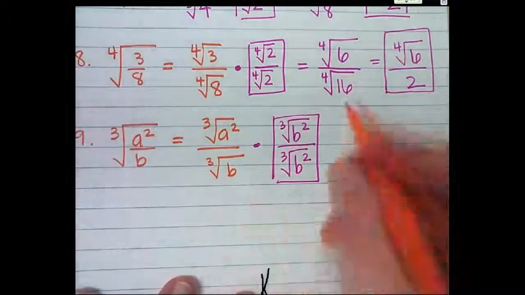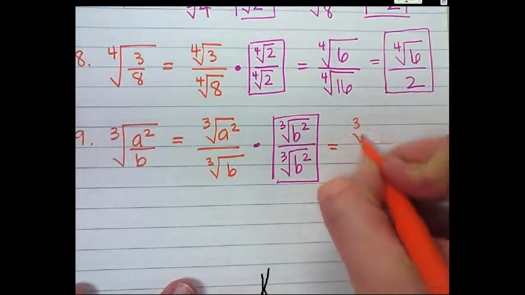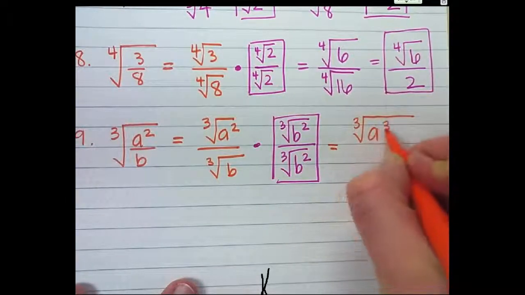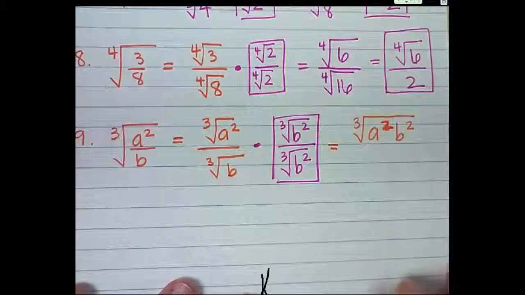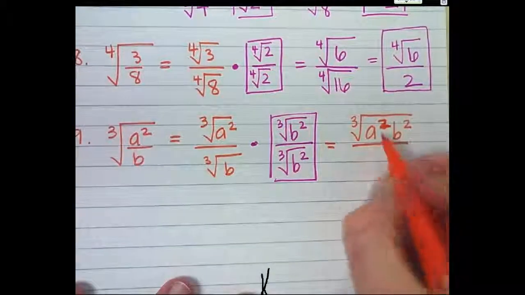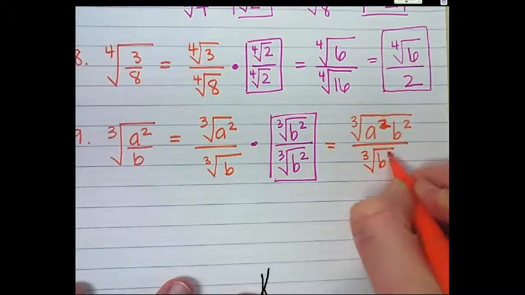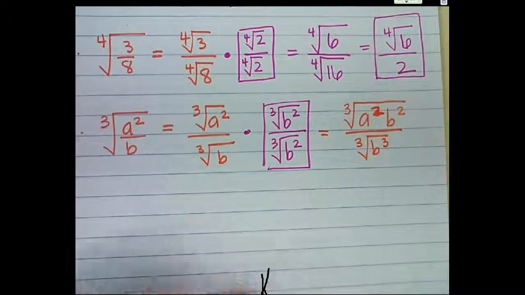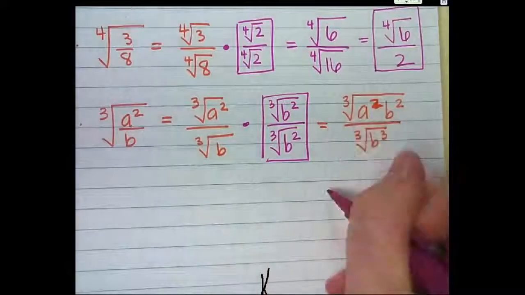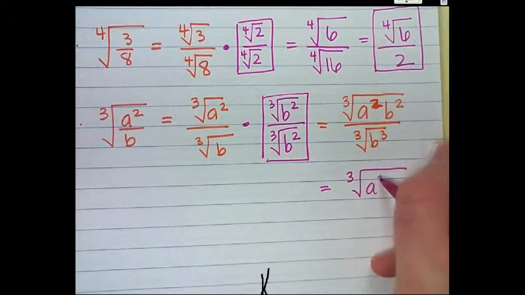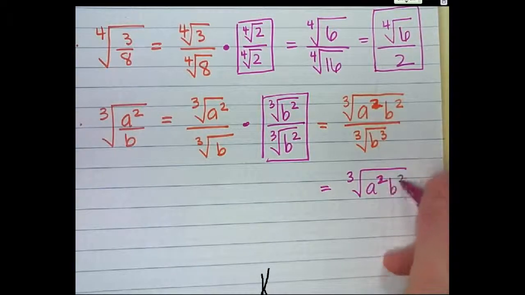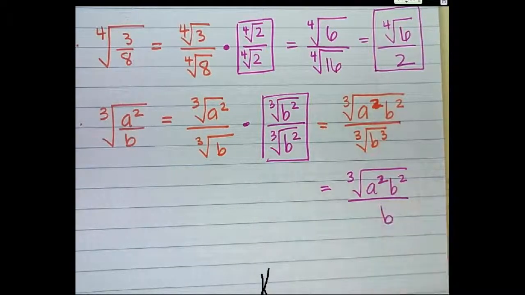So across the top it becomes b squared underneath. Across the bottom, cube root of b to the 3rd. Can I simplify anything on the top? No. So just leave it. A squared, b squared. And on bottom, I get the b.